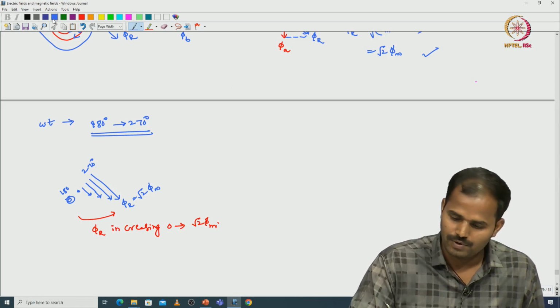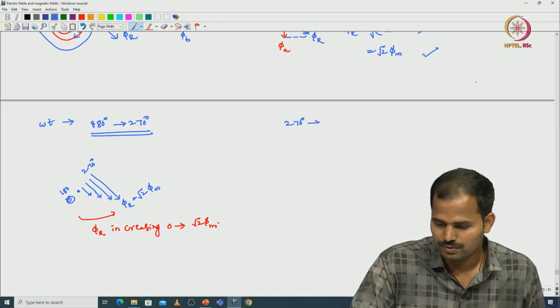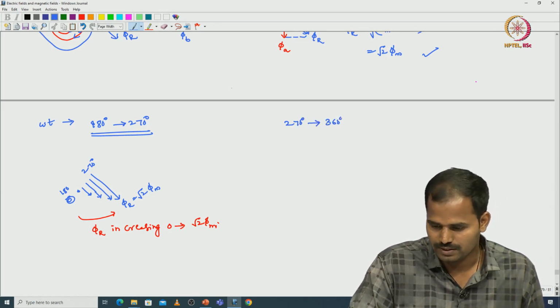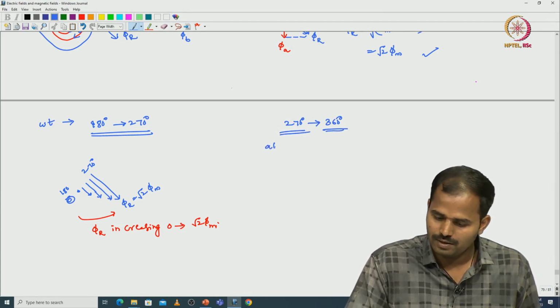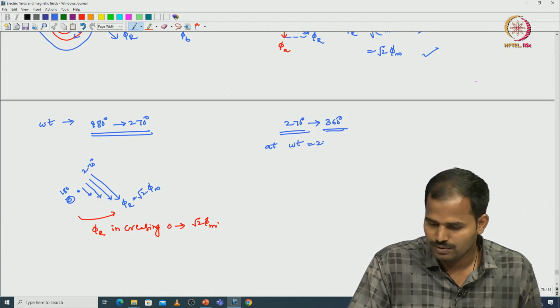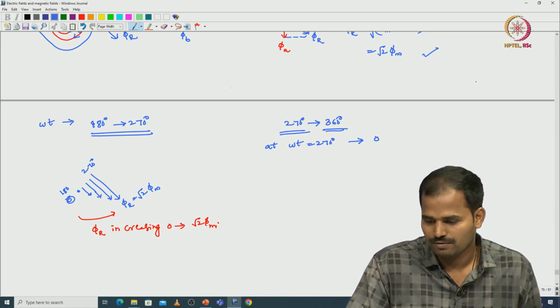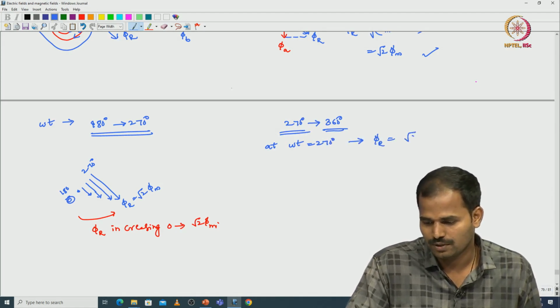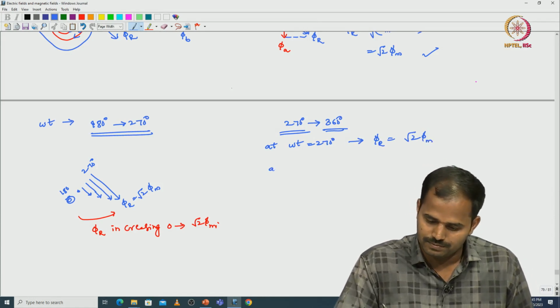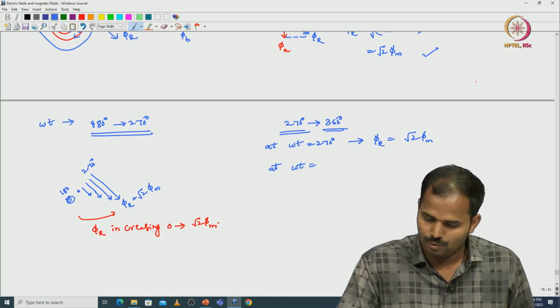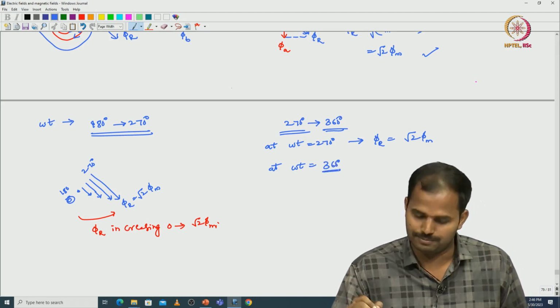Next, from 270 degrees to 360 degrees. At omega t equals 270 degrees, the phi r magnitude is root 2 phi m. We have seen this thing. At omega t equals 360 degrees, we will analyze now.